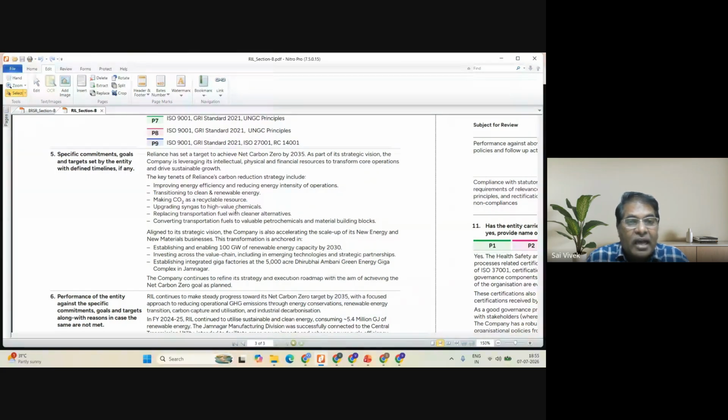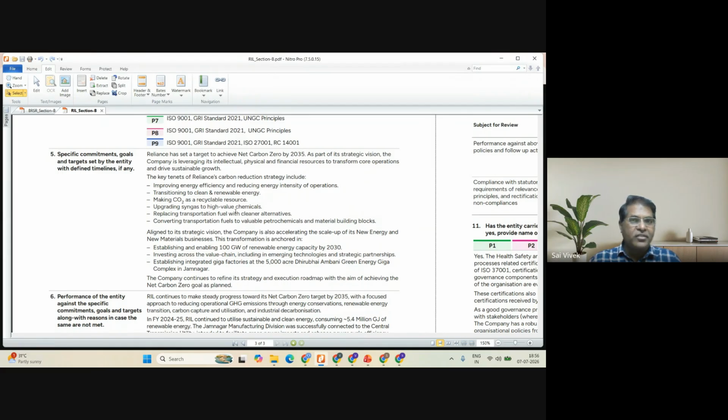The next one is upgrading syngas to high value chemicals. Syngas is synthetic gas. Synthetic gas is the one which is produced during pyrolysis, the production of biochar. You get a gas called syngas or synthetic gas, and it has got high calorific value. This synthetic gas can be utilized as a fuel for industrial purposes, or we can use it to produce high value chemicals.